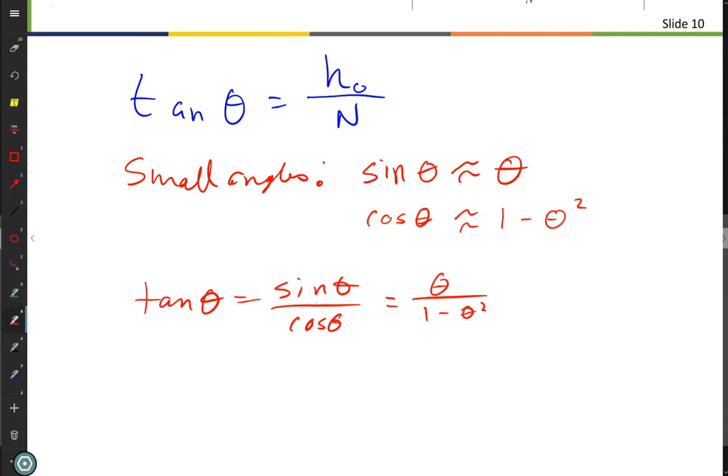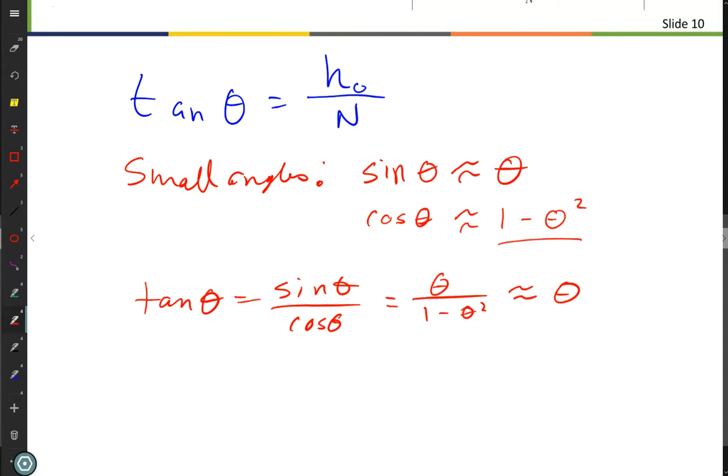We would have that for small angles. But if an angle is small, the reason we put 1 minus theta squared was so we had a dependence on theta. But if theta is small, I'm going to have theta over 1 minus theta squared. The difference between 1 and 1 minus theta squared for small theta is going to be negligible. And so that's approximately equal to just theta.